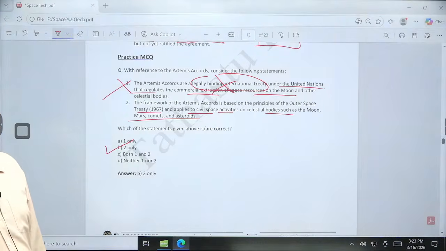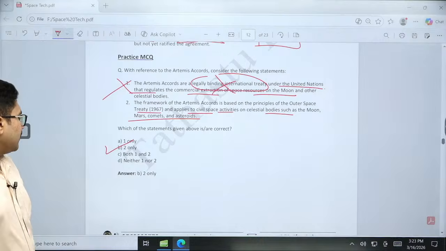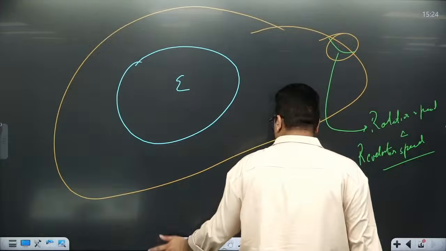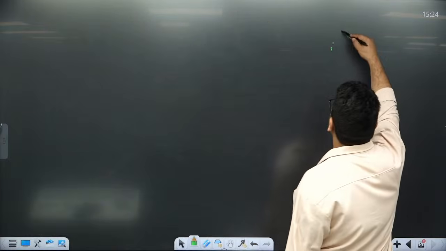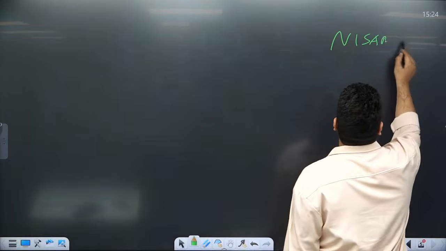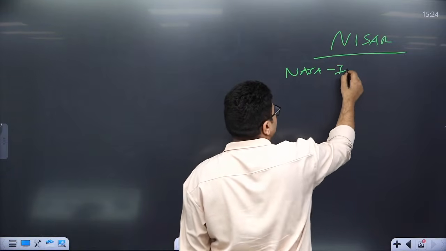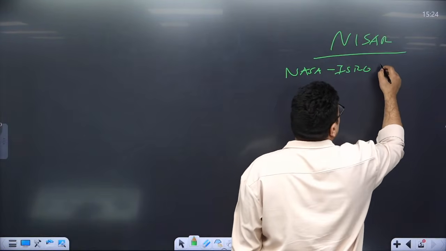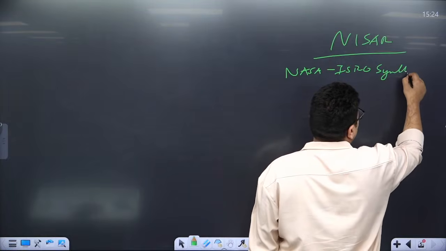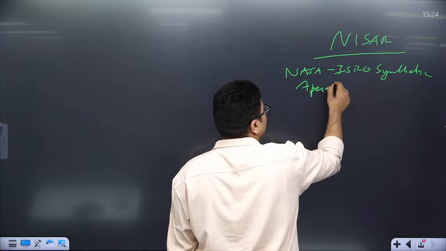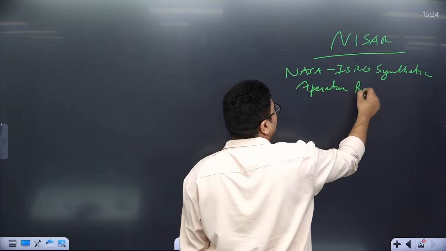Before the SpaceX space mission, we will also study the NISAR mission. If I tell you about the NISAR mission, it is nothing but NASA, ISRO, Synthetic Aperture Radar.